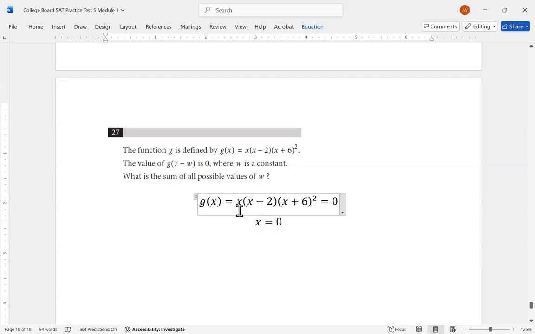Well, it's equal to 0 when x is equal to 0. It's also equal to 0 when x minus 2 is equal to 0. And it's also 0 when x plus 6 is equal to 0. So we have 3 options for when g of x is 0.